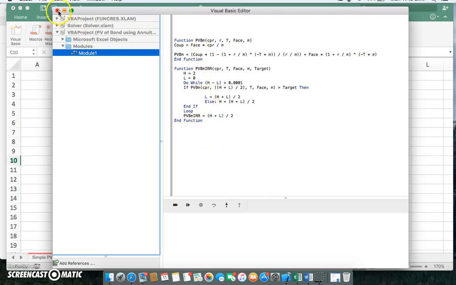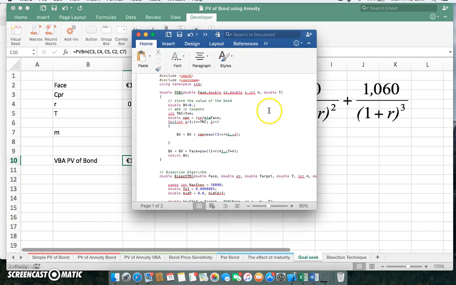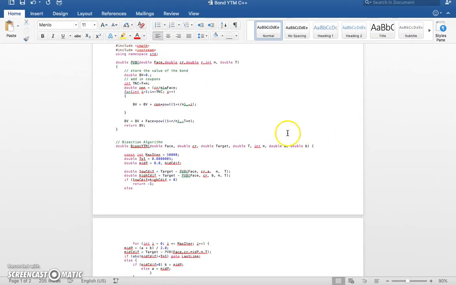I want to do the equivalent in C++. So I have some code, and we might have a look at the code first and then copy it into Xcode. So this is really an implementation of yield to maturity using C++.